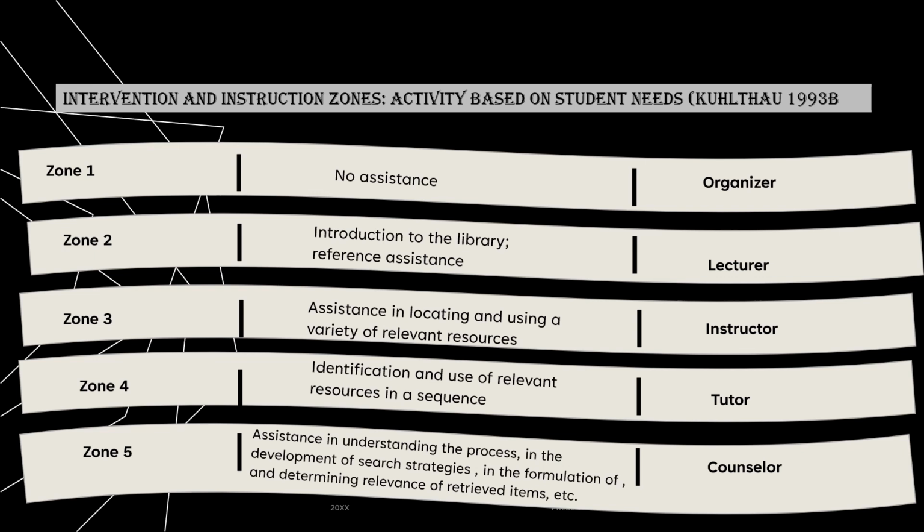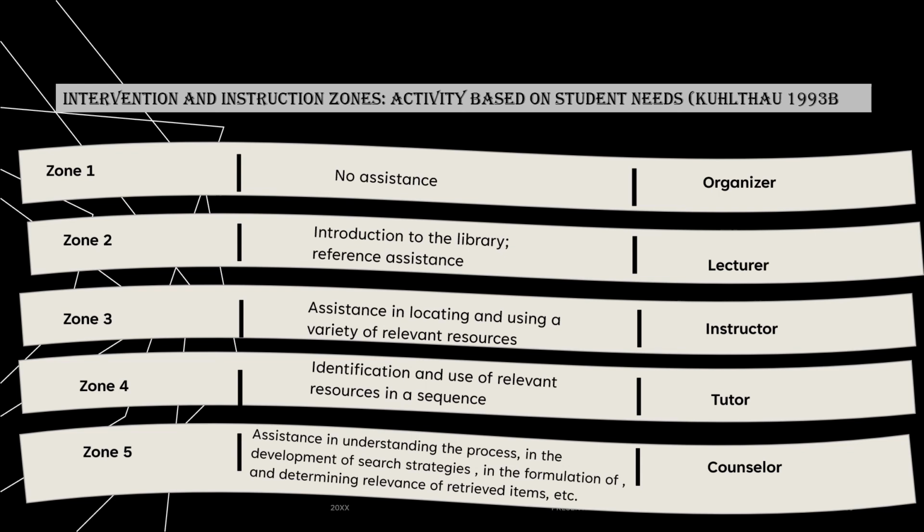For example, students operating in Zone 1 require no direct intervention, although their ability to conduct research independently assumes access to a library that is well organized and managed to maximize physical and intellectual access to information. Organizer-level assistance might include comprehensible signs, information sheets, pathfinders, and computer-based virtual library tours.